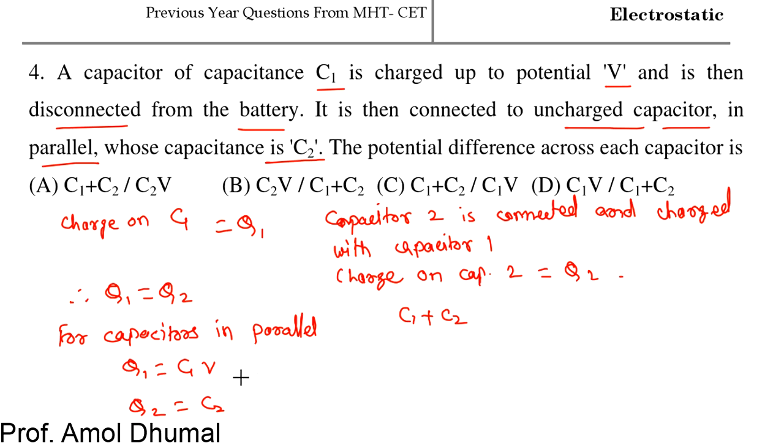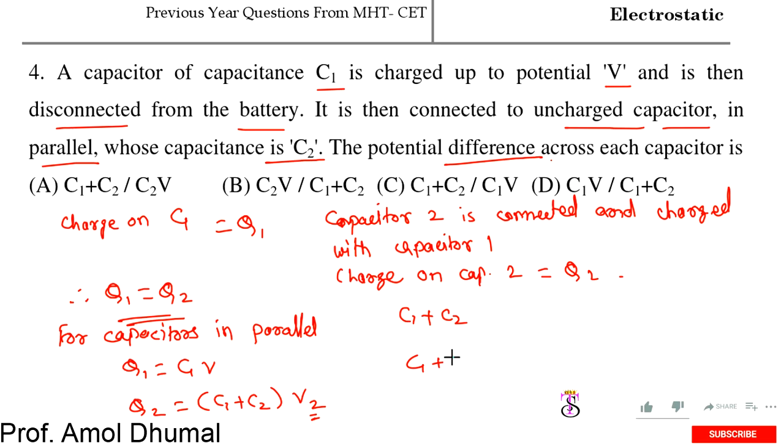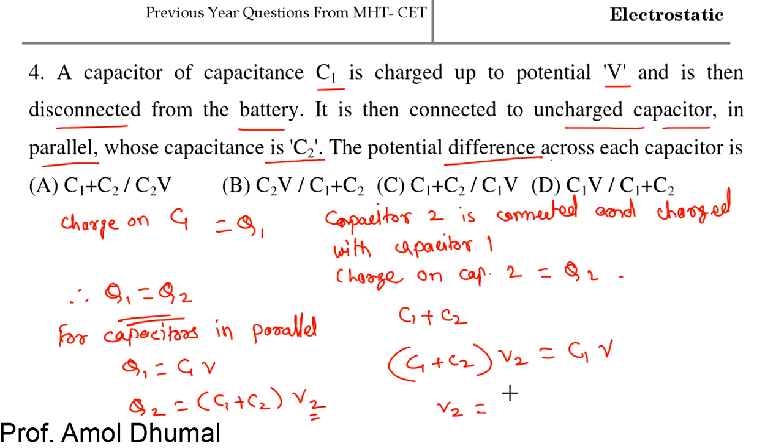And this charge Q2 is nothing but C1 plus C2 into V2. We have to find the potential difference V2 across each capacitor. From this we can write Q1 is equal to Q2, so we can equate these two equations. C1 plus C2 into V2 is equal to C1 into V. So V2 is equal to C1 V upon C1 plus C2.